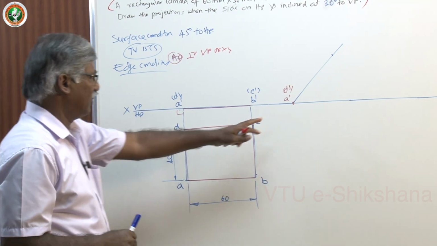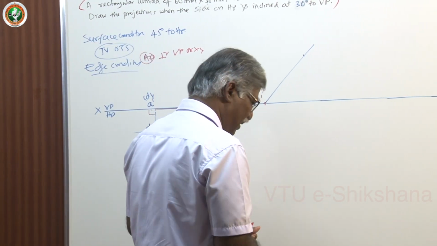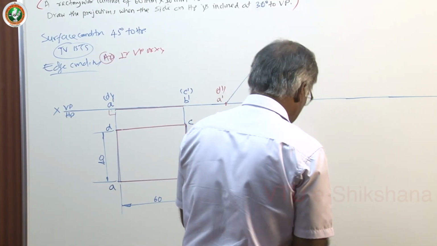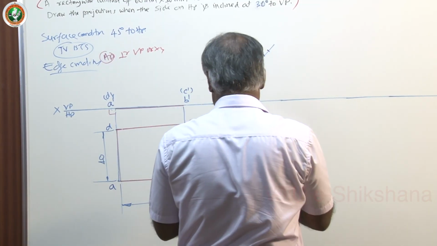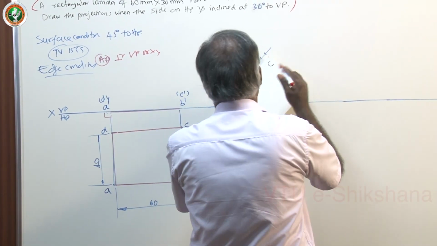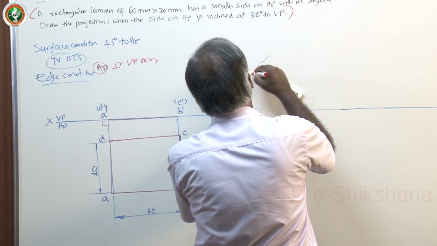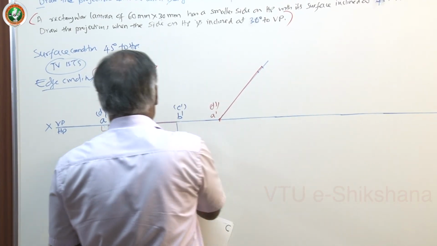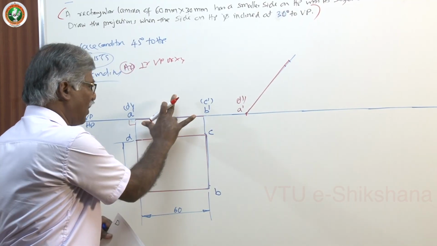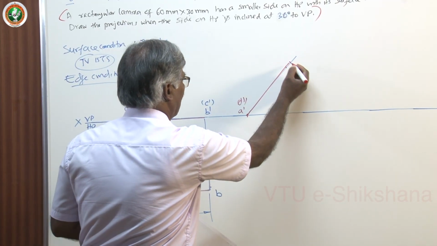This is how you create the front view, with inclination to HP of 45 degrees as given. Then draw a dark line for the length of the first figure's front view. Keep that length here, take it with a compass and draw an arc.